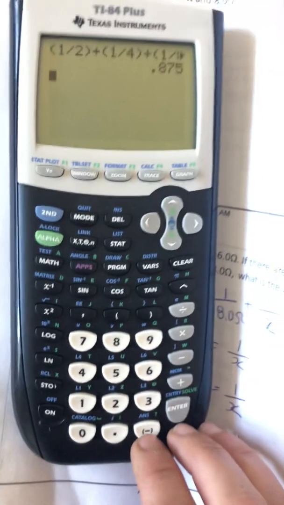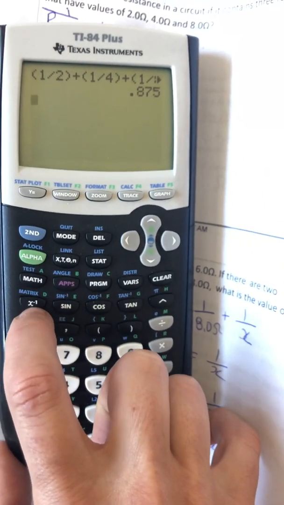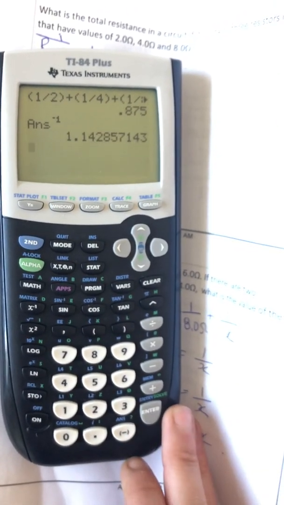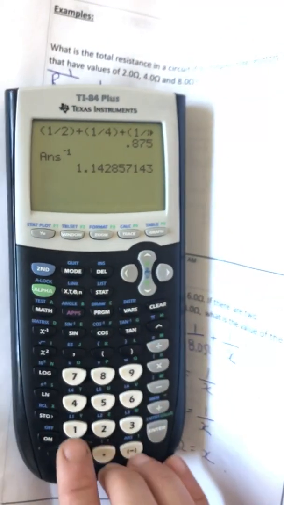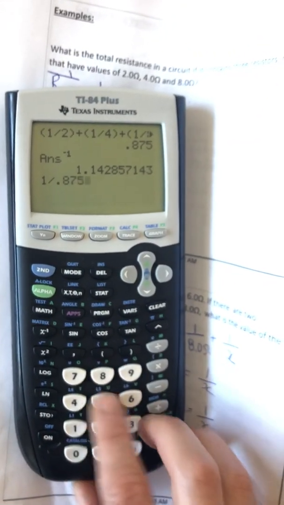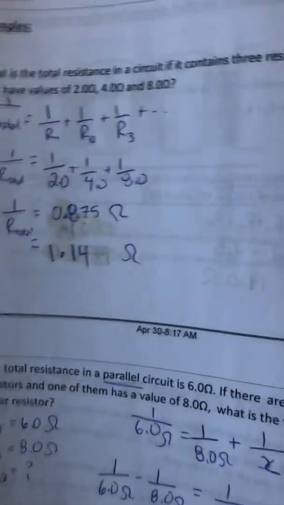To get the inverse of this, you just take the x to the -1, which essentially takes the inverse of it. You could also just type in 1 divided by 0.875. You'll find that you get the same answer. So our answer with 3 significant digits is 1.14 ohms.